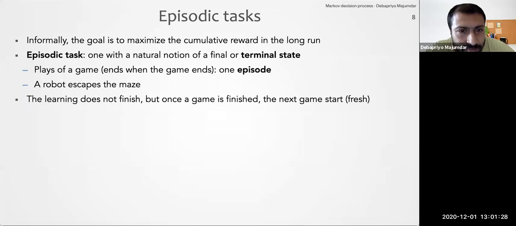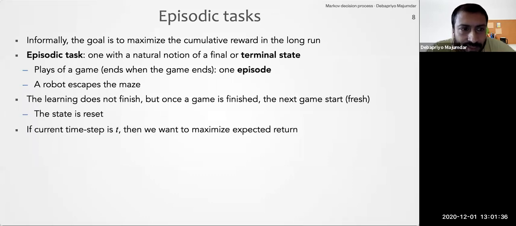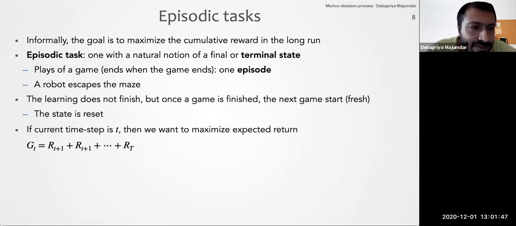Now the learning does not finish, but once a game is finished, the next game will start freshly, so the states are reset. So if the current time step is t, we want to maximize the expected return, where G_t is the return, that is, from now on the rewards until the episode ends.